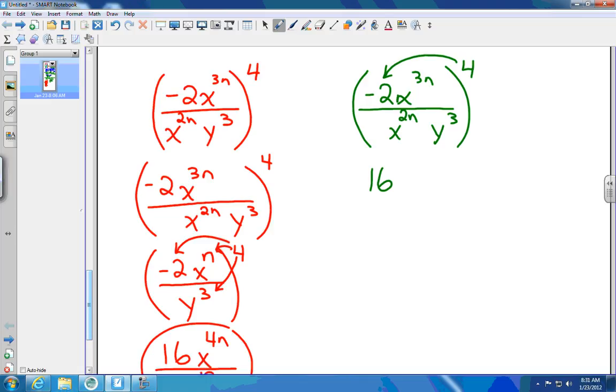Then x to the 3n raised to the fourth, what would that give you? X to the 12n all over. X to the 2n raised to the fourth would give you x to the 8n, and then y to the third raised to the fourth would give you y to the 12th.